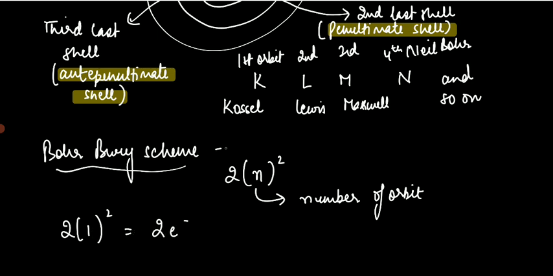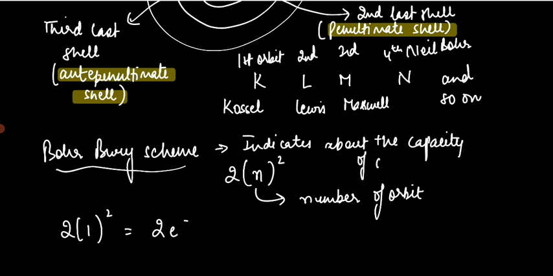So the Bohr-Bury scheme indicates the capacity of shells or orbits for holding electrons. I always write electrons as e minus.